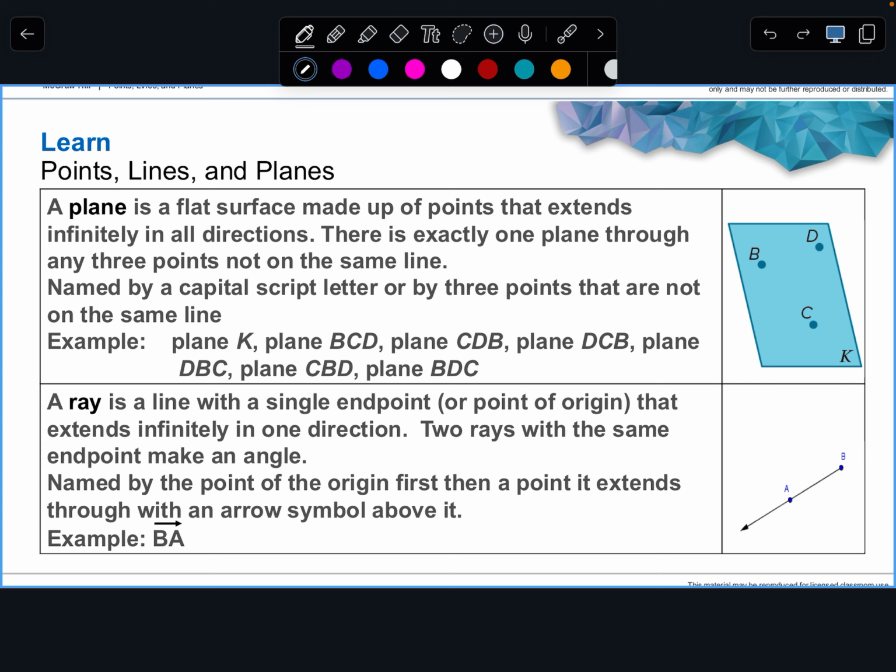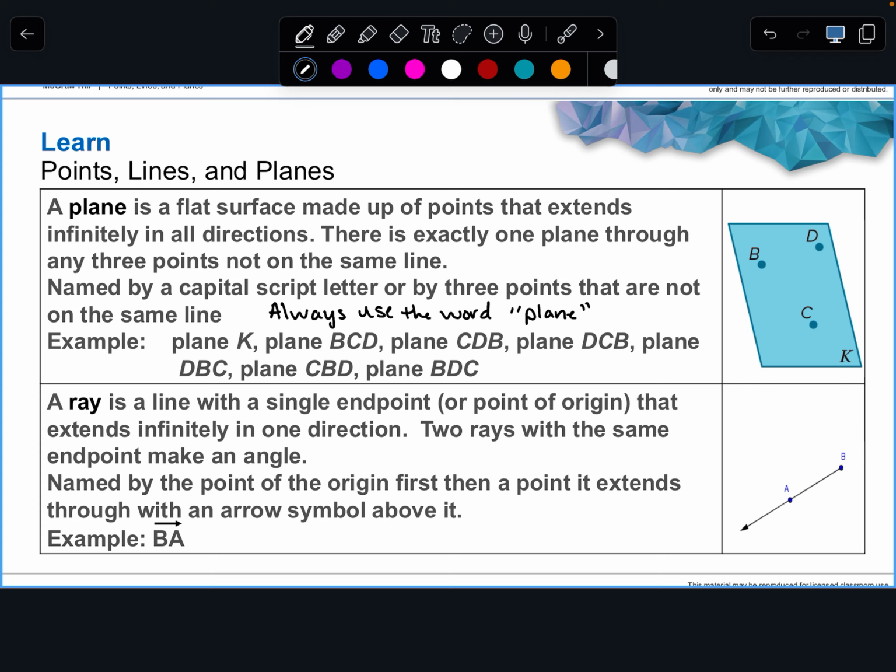Now how we name them, we don't have a symbol for a plane. There's no symbol. We always use the word plane. Always, always, always, always use the word plane. So you can write on there, always use the word plane. Then you have one of 2 options.